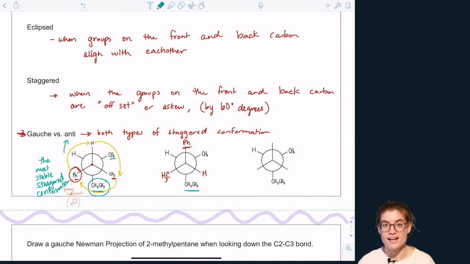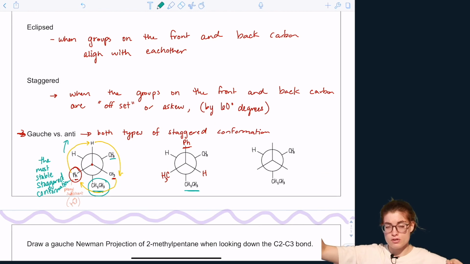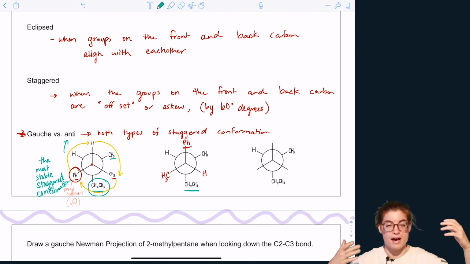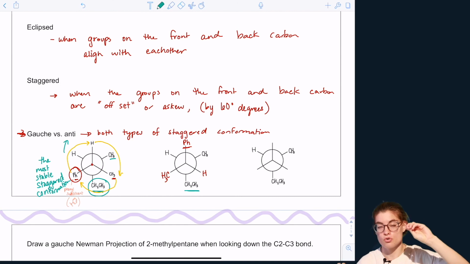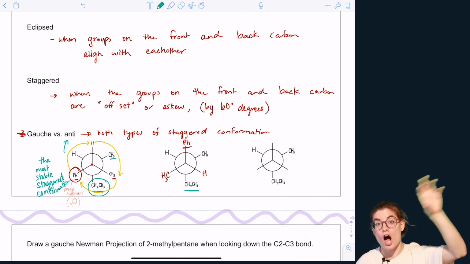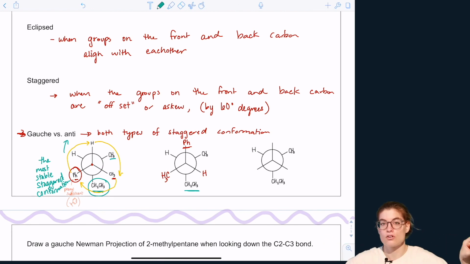Now, if you have other groups on there, the best thing for you to do is have the biggest groups 180 degrees from each other, the medium-sized groups on the front and back carbon 180 degrees away from each other, and the smallest groups on the front and back carbon opposite from each other. So each of them lines up linearly to be opposite from their respective similar-sized version on the alternative carbon.